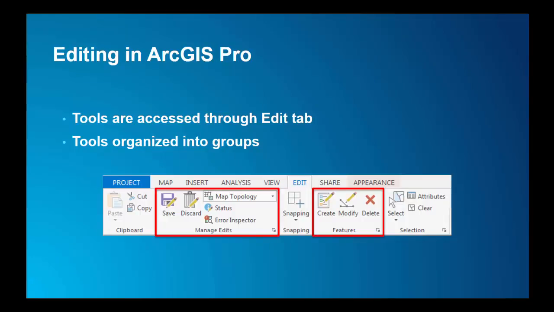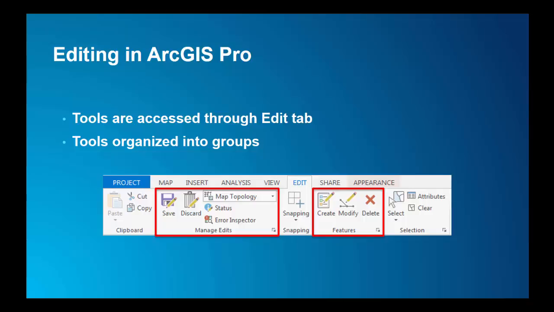moving into this, editing in ArcGIS Pro is much more streamlined and a much more intuitive process compared to ArcMap. On the ribbon that I would have showed you earlier, the Edit tab provides quick access to tools and commands that edit 2D and 3D feature data.